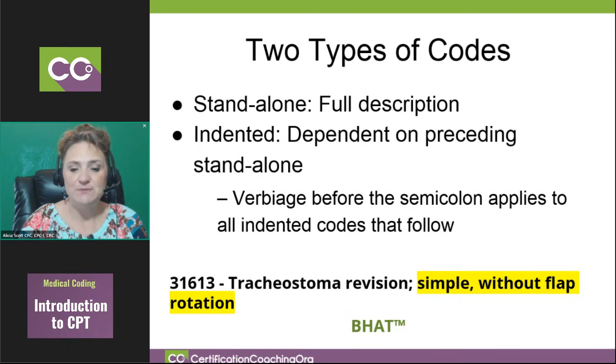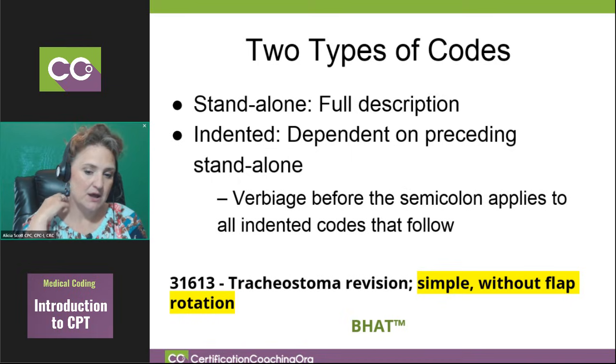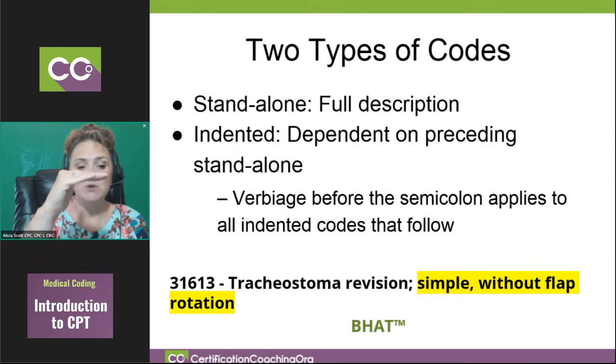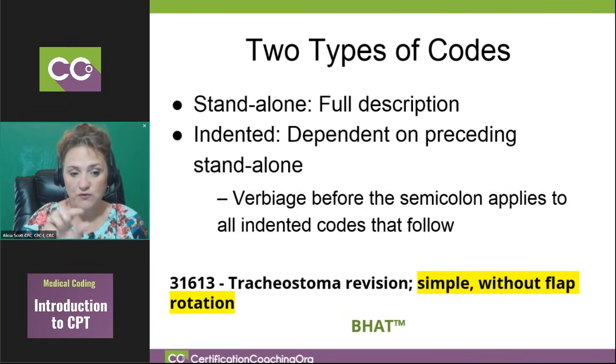Another thing you need to be aware of is that when you have an indented code, the verbiage changes after the semicolon. This example I pulled out from our BAT technique that you'll learn about and the blitzes that come with the course. 31613 is a tracheostoma revision. That's the parent. Then you're going to have another code, 31613, which says simple without flap rotation.